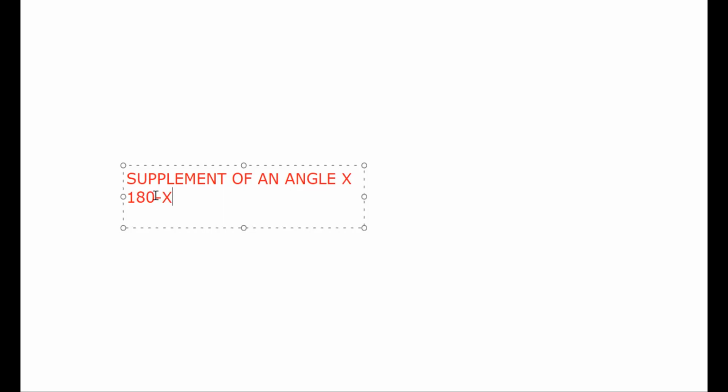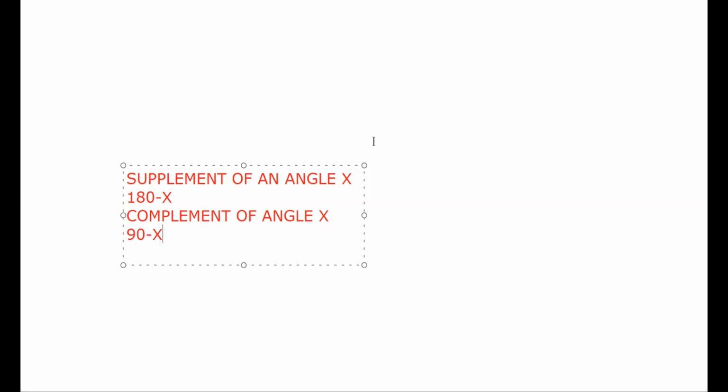Why? Because if I add these two angles, 180 minus x plus x, the result will be 180. So these two angles are supplementary. What if he tells you the complement of angle x? It's going to be 90 minus x. So a supplement of an angle is 180 minus x. The complement of an angle is 90 minus x. Very important. Okay?